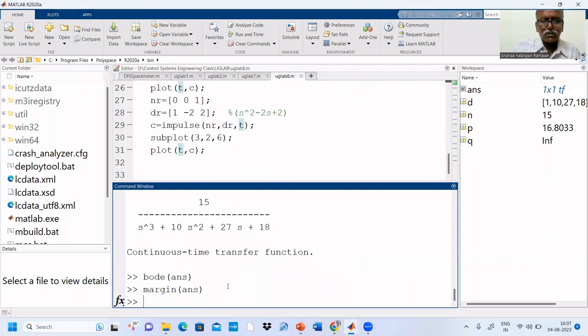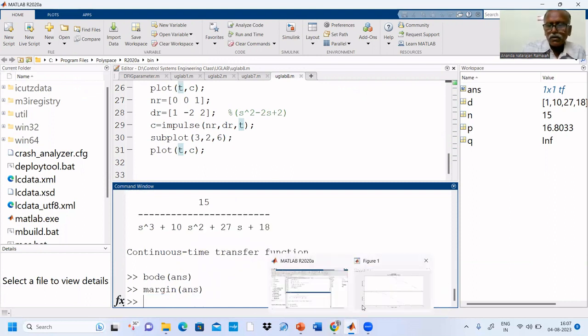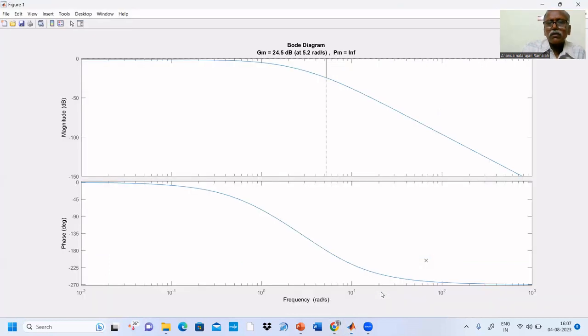If you see the figure, gain margin is 24.5. We also got the same. Phase margin is infinity. The phase crossover frequency is 5.2. At 5.2, it crosses 180 degree.